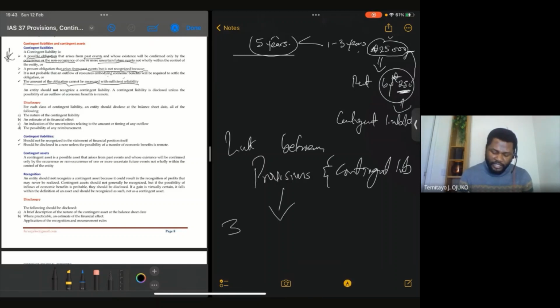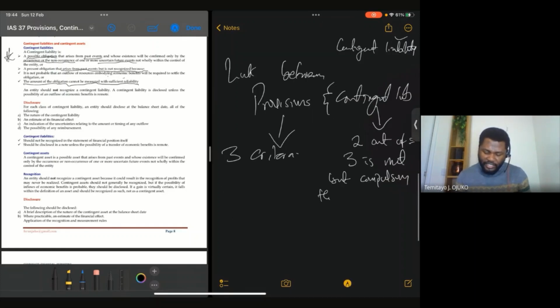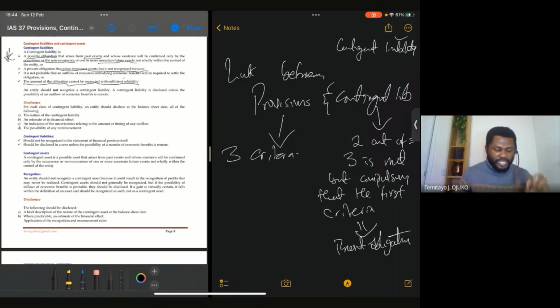For a contingent liability, if two out of the three are met, it is compulsory that the first criterion is met. Now, what is that first criterion? The first criterion is that there must be a present obligation. So please take note of that.